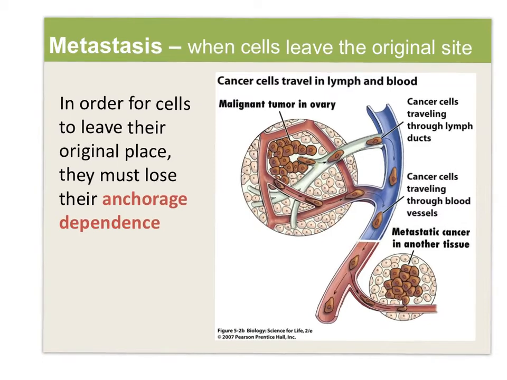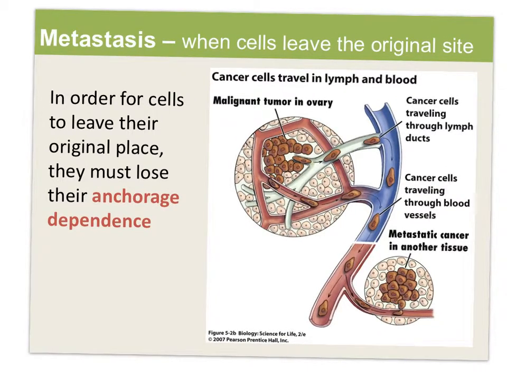Now, there's also something else that's going on. That little video mentioned when cancer can spread from one place to another. Now, normally cells don't move around. Let's say a muscle cell. It stays in place. It's actually got something called anchorage dependence. That means it's not going to just get up and start wandering around or getting into the bloodstream or the lymph system.